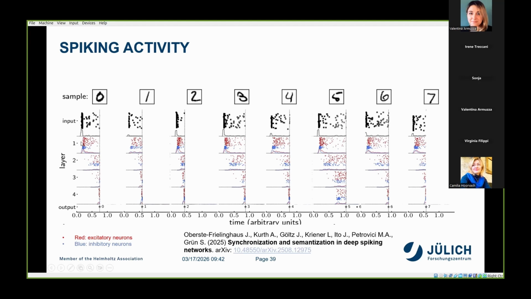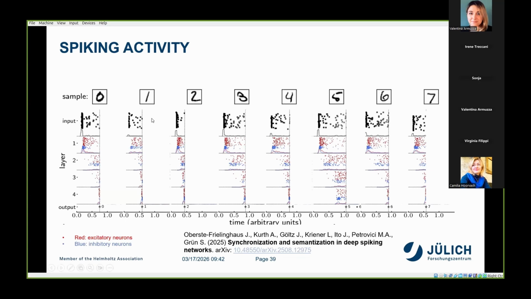You see this activity in the first layer of the excitatory neurons with some pulse from the inhibitory ones. And this is then going through the network, and at the very end, you see a very slim synchronous package just before the output neuron, which then elicits the correct output neuron. Can you see this?